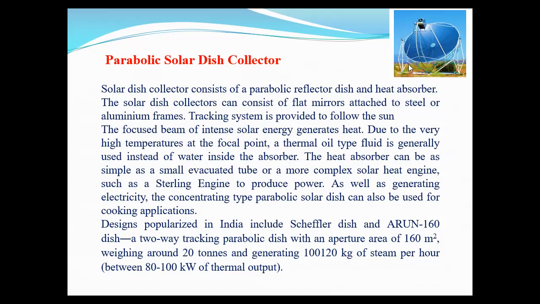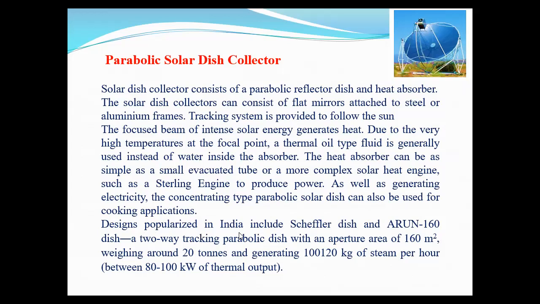Here we have this collector and this is the receiver. So instead of this receiver, we can use a Stirling engine and we get electricity directly. And in case of a receiver, we are heating oil, and that heated oil is used in a heat exchanger to generate steam.